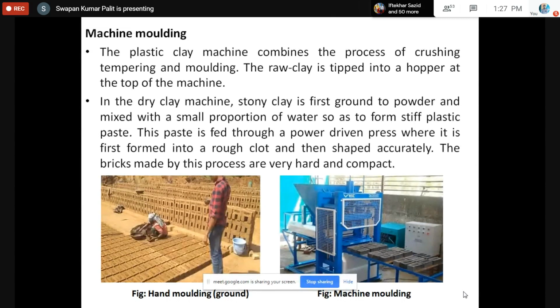On the left, you can see hand molding on the ground, and on the right side you can see machine molding. Machine molding gives many more bricks than ground molding.